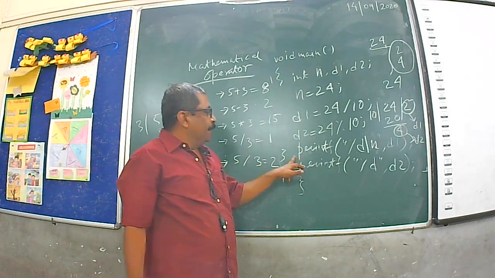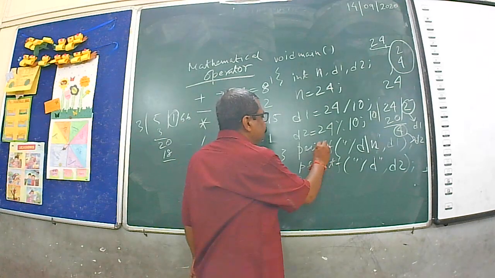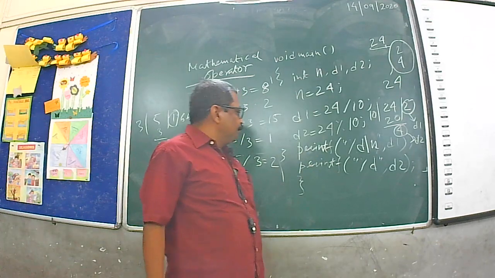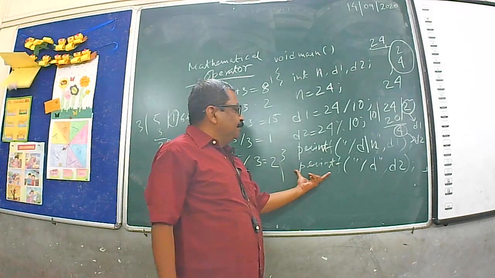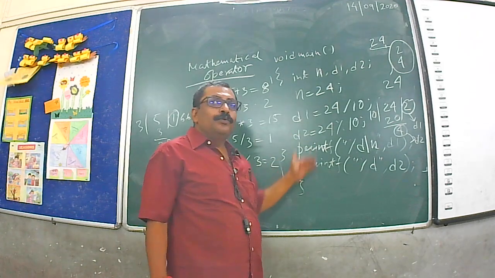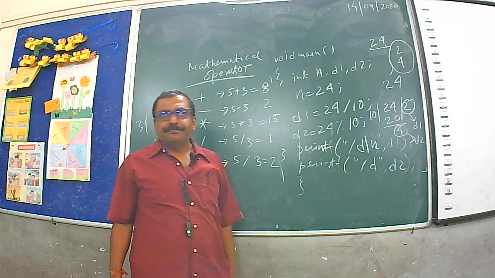Hence printf is a small letter, single word. Again printf, another single word. So these two are printf statements for displaying the numbers.